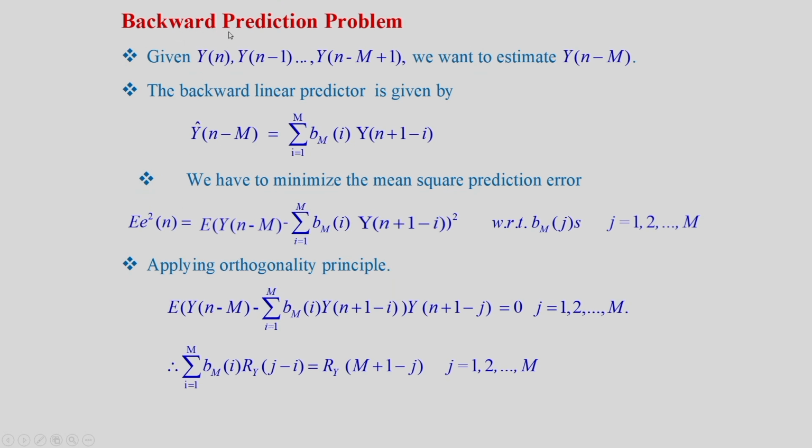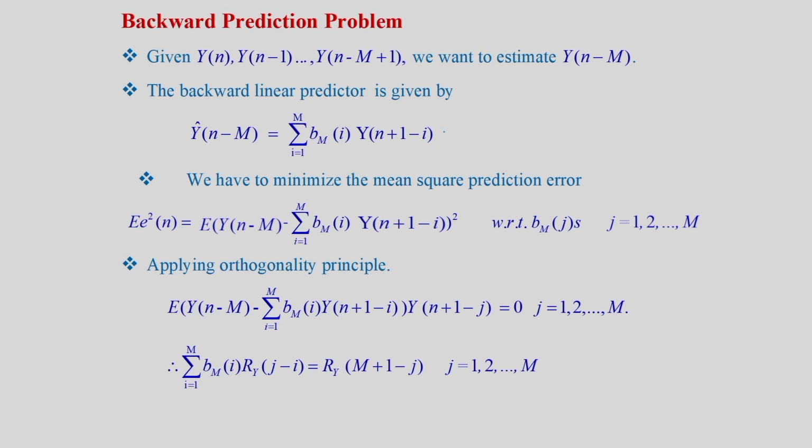We will now consider the backward prediction problem. Given y[n minus 1] up to y[n minus m plus 1], we want to estimate y[n minus m]. So, what is the best estimate for y[n minus m] given this data? The backward linear prediction is given by y hat [n minus m] equal to summation b_mi into y[n plus 1 minus i], i going from 1 to m.